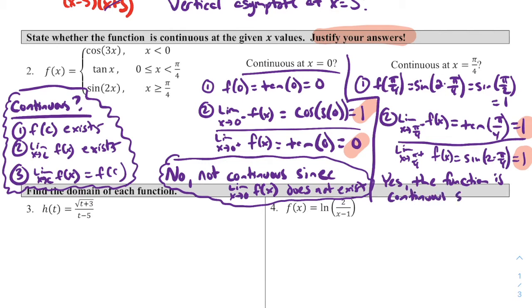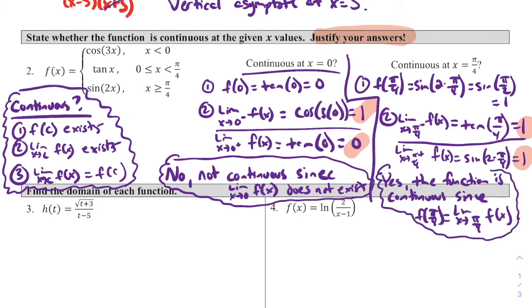We're going to say since f of pi over 4 equals the limit as x approaches pi over 4 of f of x. So yes, and the reason is not only do both the function and the limit exist at that point, but they're equal to each other, just like that third rule says it has to be.